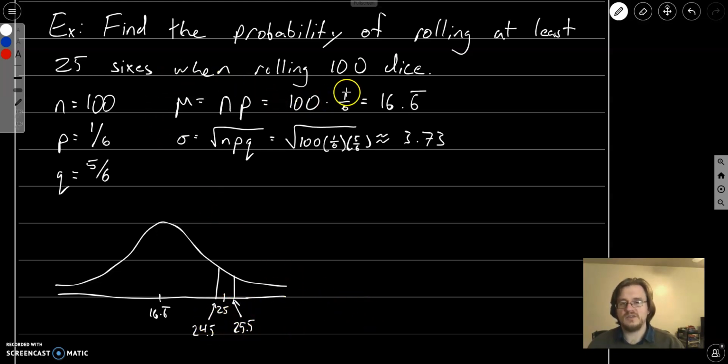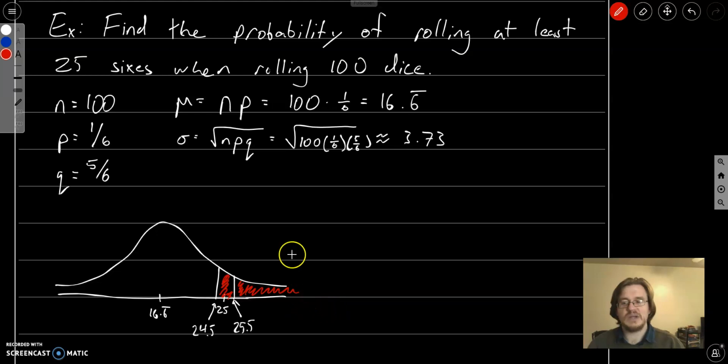So we'll need to look at what it means to roll at least 25 sixes. I think the easiest way to think about this is we need to include 25. At least 25 could mean 25, 26, 27, 28, and so on and so forth. So within the normal distribution, I have to include 25, the next number, and the next number, and so on.